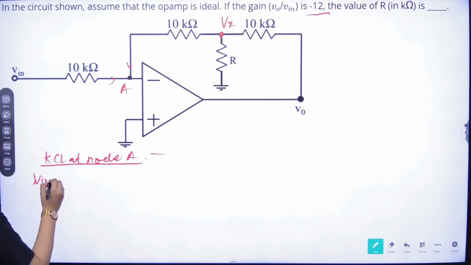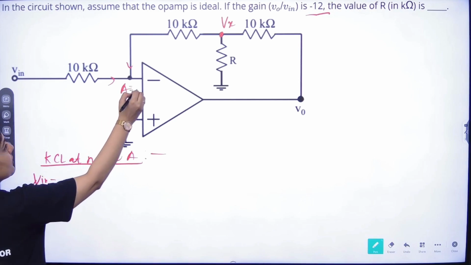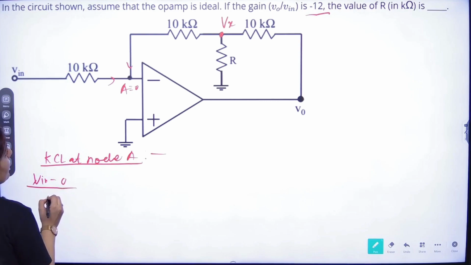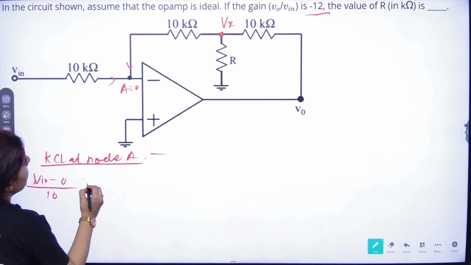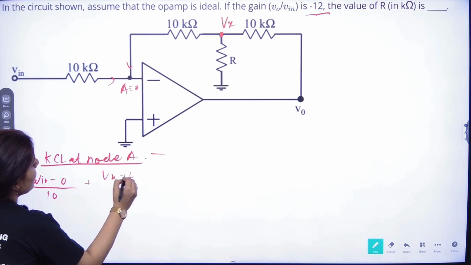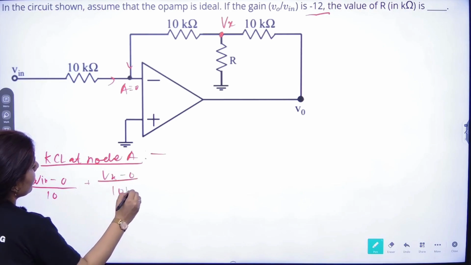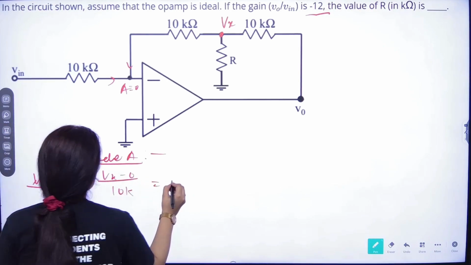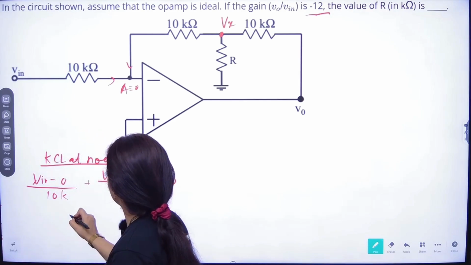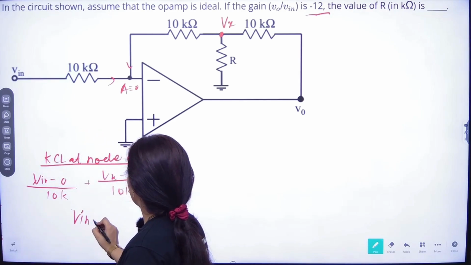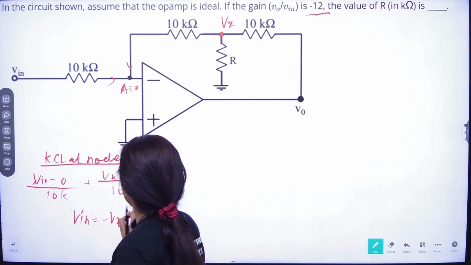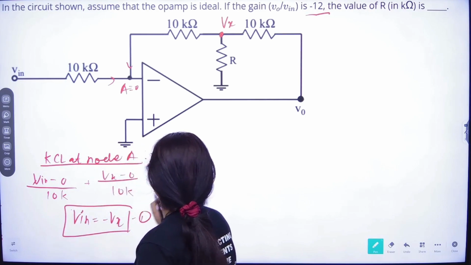So Vin minus 0 divided by 10 plus Vx minus 0 divided by 10, both are 10k, will be equal to 0. From this we can directly say that Vin will be equal to minus Vx. This is the first case.